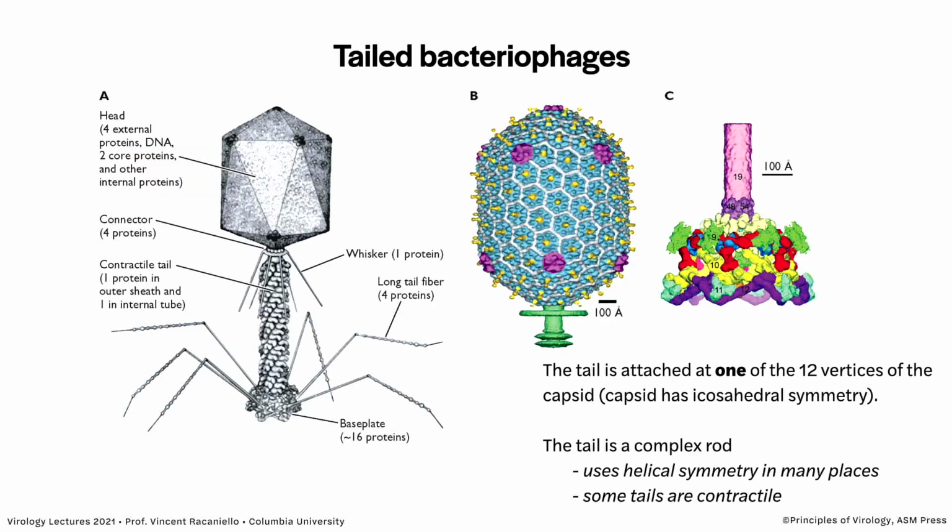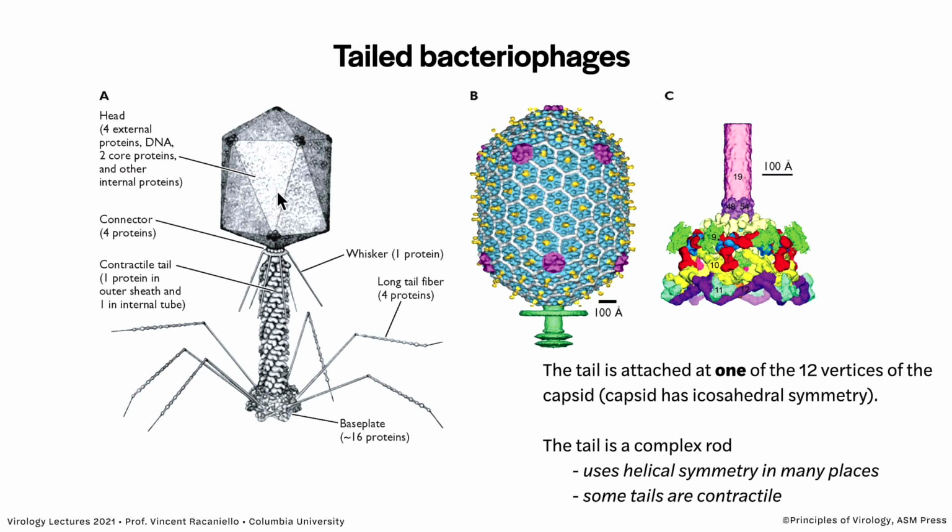The bacteriophages are great examples of putting different symmetries together to make a complicated virus. So here, these structures have been solved by cryo-EM. Here is a tailed bacteriophage where the head that contains the DNA is built with icosahedral symmetry. Here is a close-up view of it. You can see there are 2 different packing arrangements, 5- and 6-fold packing arrangements, as you would predict for a big capsid.